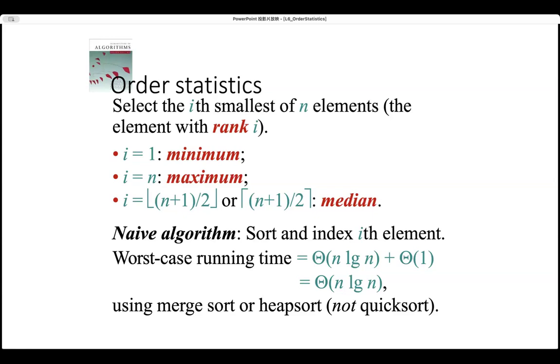When i is n, that means we want to find the maximum element from these n given numbers. Or when i is about half, either (n+1)/2 with floor or ceiling, that means we want to find the median out of these n unsorted numbers.